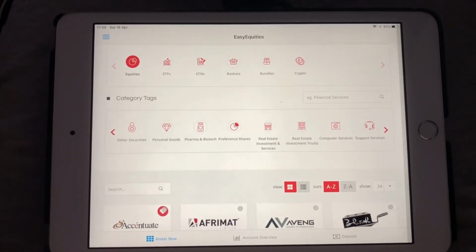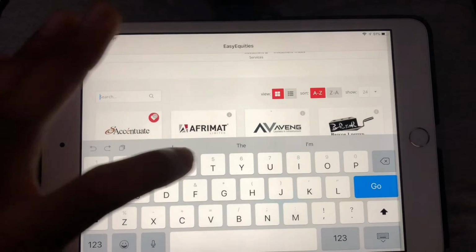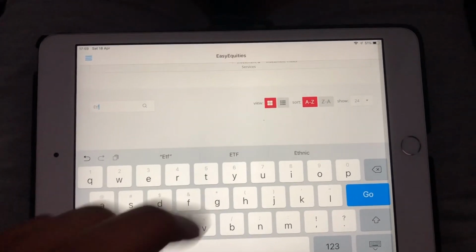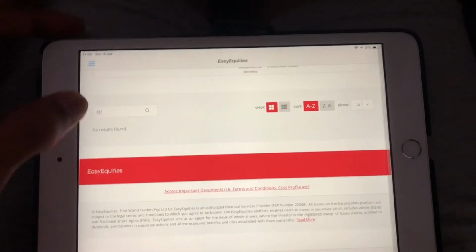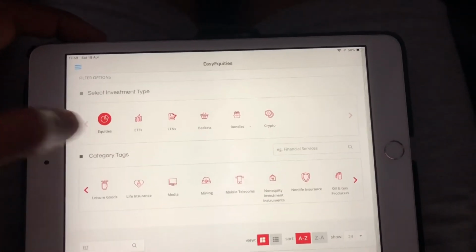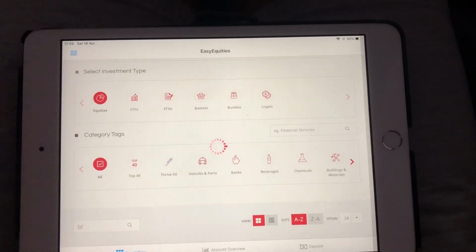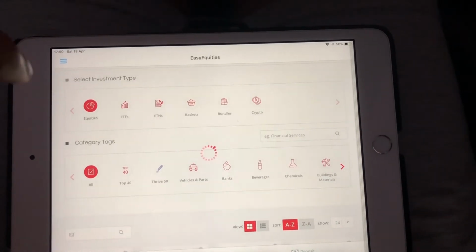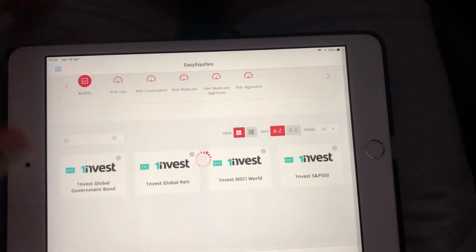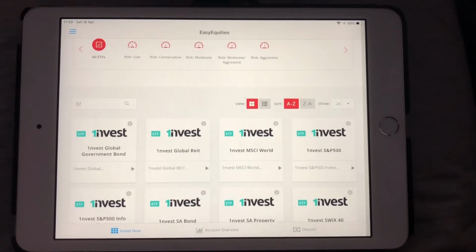You can just type ETF and it's going to show a drop down there. Let's just say all and then ETF there. So those are different ETFs.